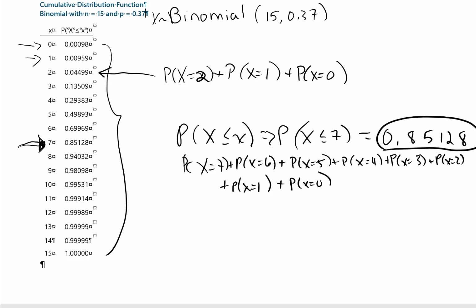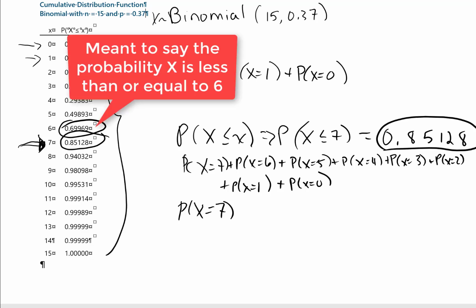If I wanted the probability that x equals 7, well, I have to think about that a little bit. If I take this number on the chart and subtract from it this number right here, that will give me the probability that x equals 7. Because the probability of x less than or equal to 6 is all of these numbers right here.